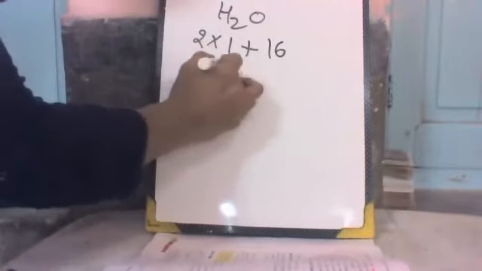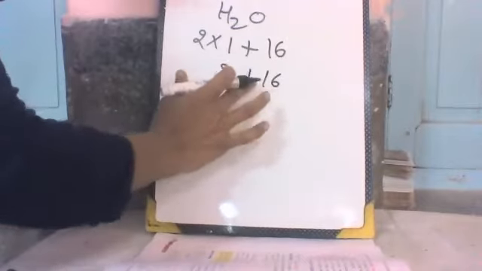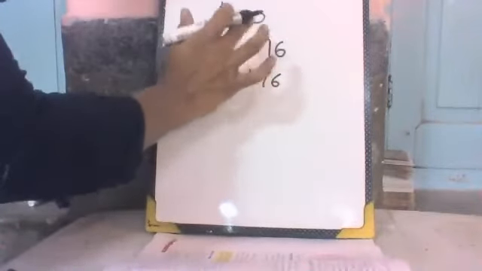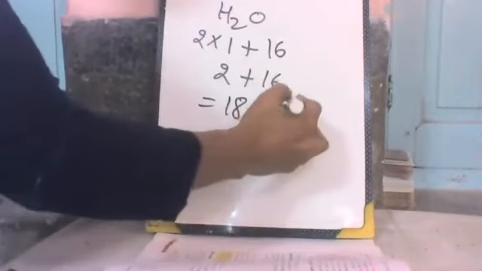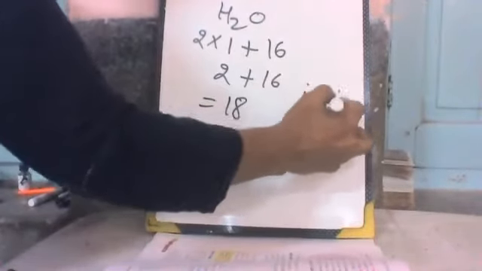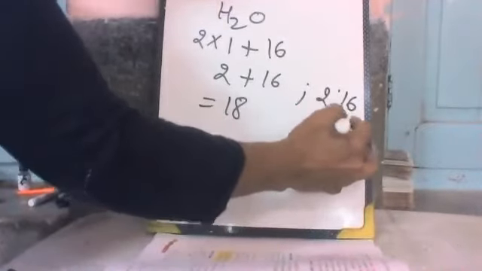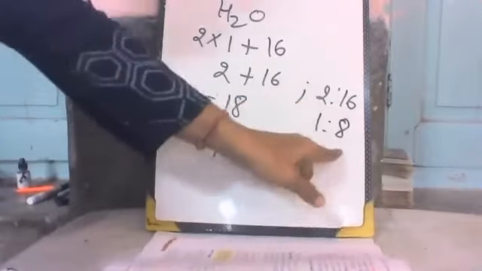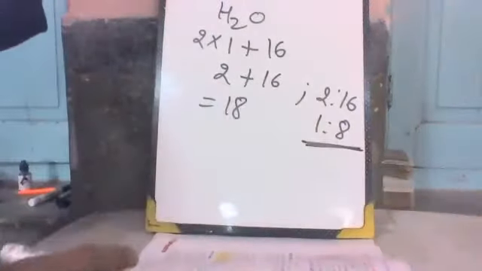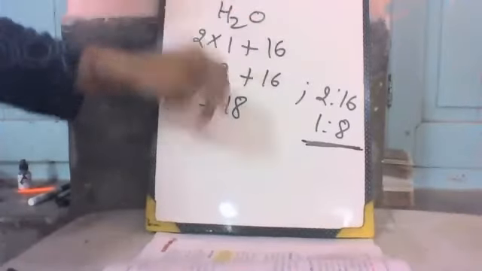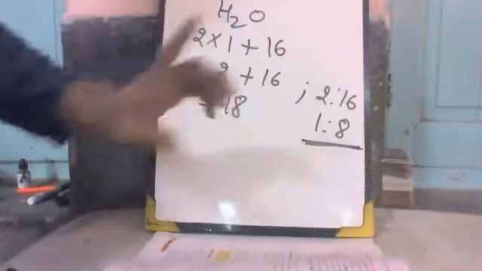Now it is 2 plus 16, so the molecular mass is 18, and the ratio of masses is 2:16. It means 1:8, since 2 times 1 is 2 and 2 times 8 is 16. The ratio of mass of hydrogen and oxygen in a water molecule is 1:8.